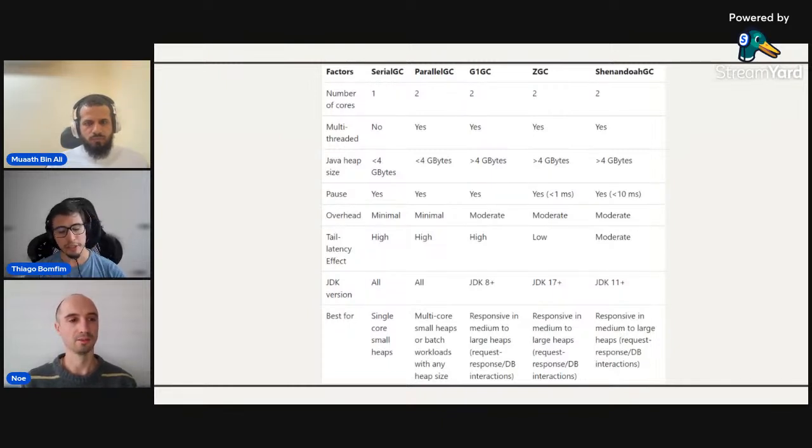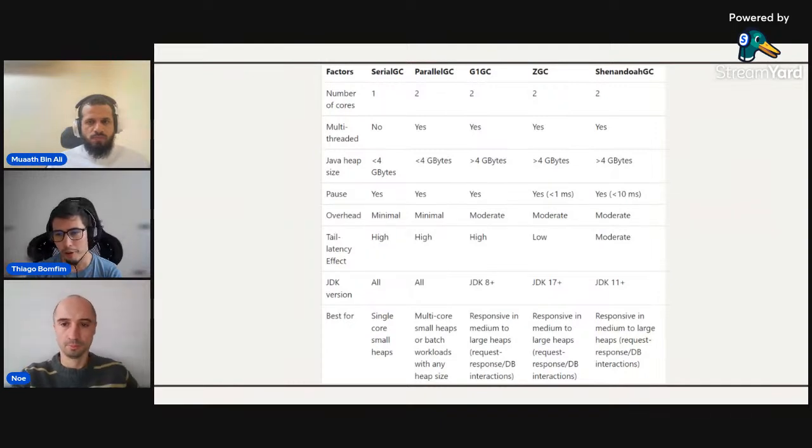Yes, I haven't done any type of benchmark, and I also haven't searched for that, so I'm not able to give the best answer for that. But again, Shenandoah probably will be the worst one if you're talking about that, because Shenandoah will try to reach the same millisecond independently of the Java heap size.